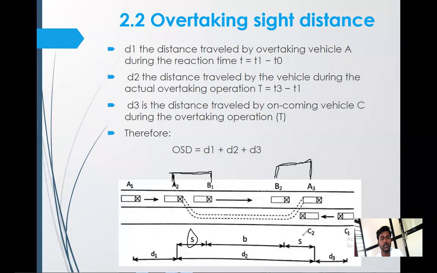This spacing is also taken as S. Means before he starts the overtake and after he overtakes, he has to maintain the spacing with the other vehicle B. That spacing is taken as S, and that spacing is needed to calculate the OSD.